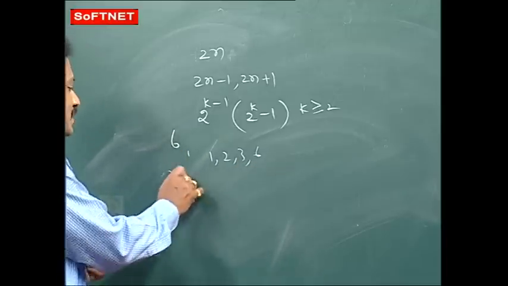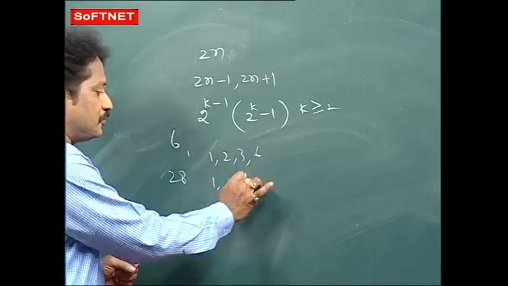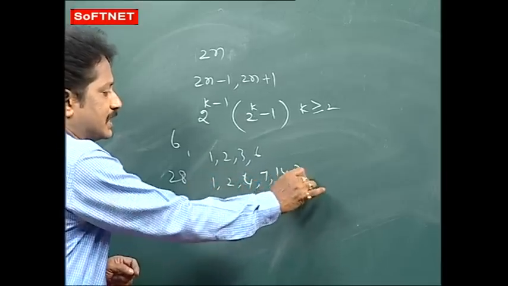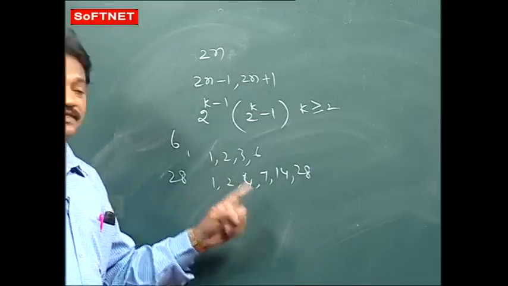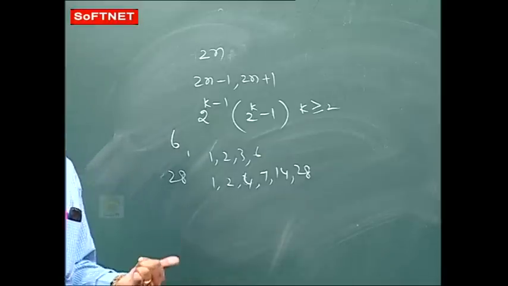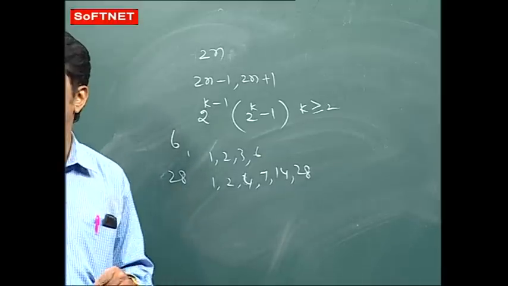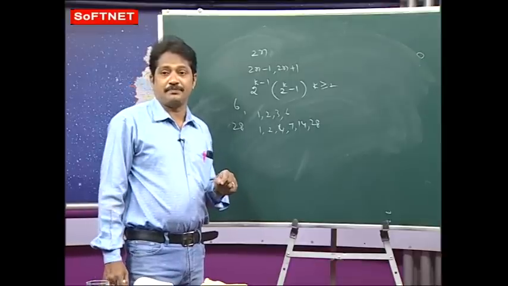The next one is 28. The factors are 1, 2, 4, 7, 14, 28. 1 plus 2 is 3, 3 plus 4 is 7, 7 plus 7 is 14, 14 plus 14 is 28, 28 plus 28 is 56, which is twice 28. Correct? So these numbers are called perfect numbers.